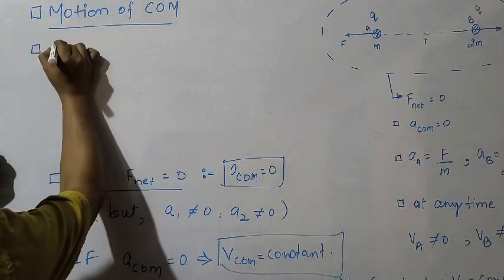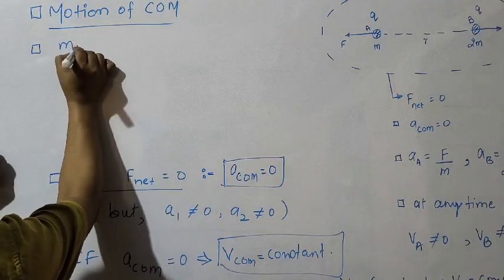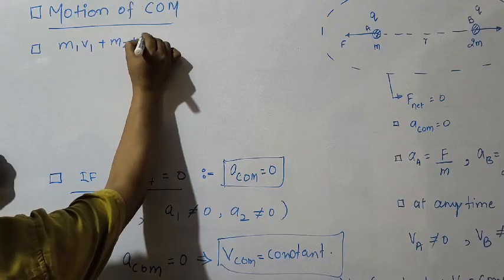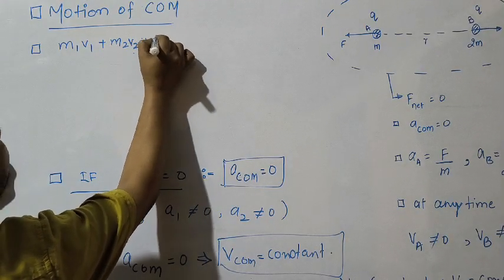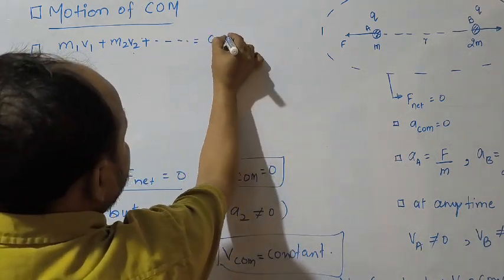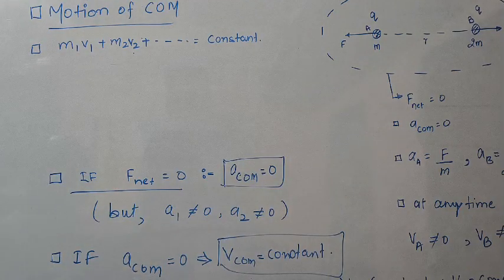If net force is 0, m1 v1 plus m2 v2 plus up to mn vn will remain constant. Yes, this is true, it will remain constant.